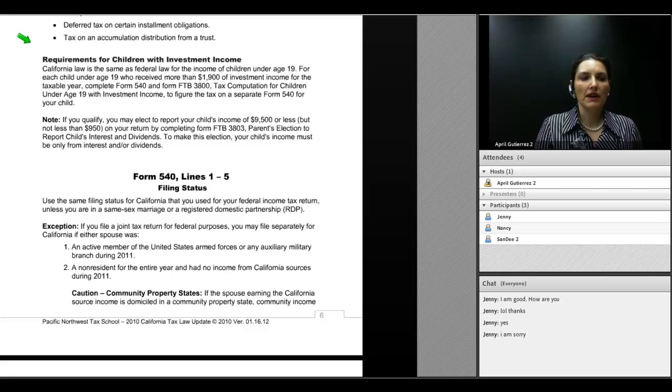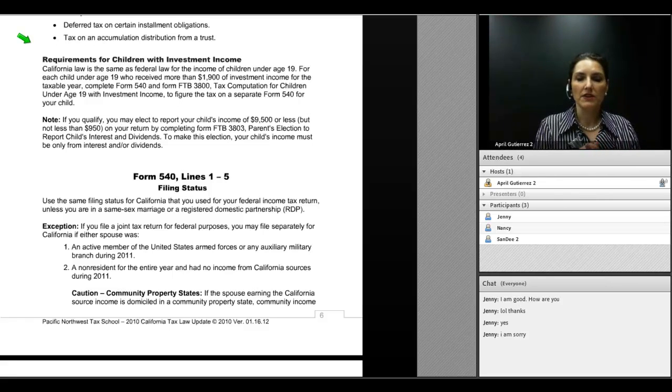Also, just as a reminder, the requirements for children who have investment income state that California law is the same as federal law when it comes to reporting the investment income of your children who are under age 18 or who are under age 24 and full-time students. And if you're going to report the child's income on the federal return, it does not necessarily follow that you must do the same on California or vice versa.